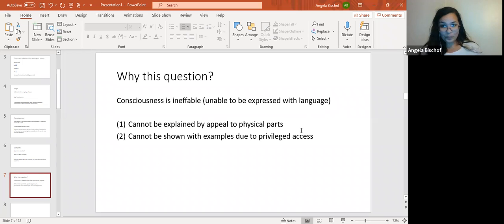Nagel says no. The closest we can do is say, okay, this is what it is like when I'm looking at a stop sign. So for Mary, when she looks at a stop sign, what is it like? It's like what I feel when I'm looking at it. So it's just comparing my privileged access to my conscious experience and saying that's what it's like for Mary when she looks at the stop sign.